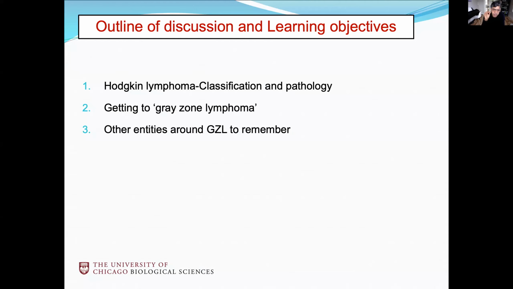We will probably touch briefly on some of the other entities that stand around gray zone lymphoma that are not really gray zone lymphomas. And these are also things we should remember in the back of our mind before we look at these biopsies and as we look at them and communicate with clinicians as pathologists. So with that said, let's move on to some basic things.